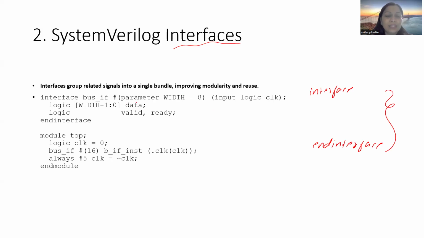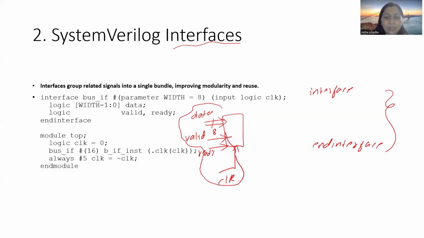So that data bus is bundled inside the interface, this data which is 8-bit. Then I have a logic valid, a logic ready, so valid, ready, and then it has an input also, which is clock. So this entire thing gets bundled in what is called an interface.